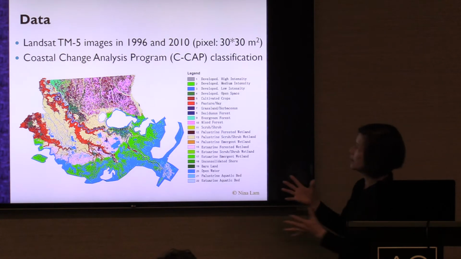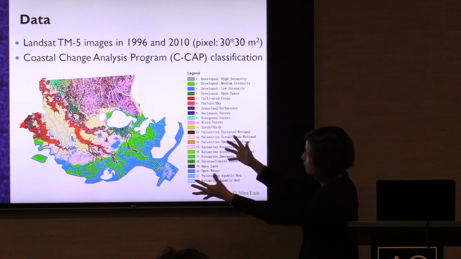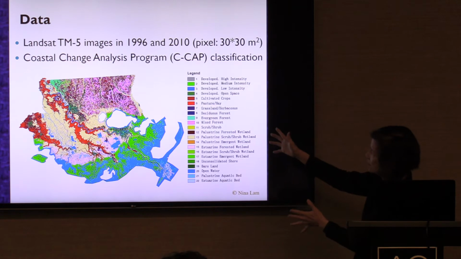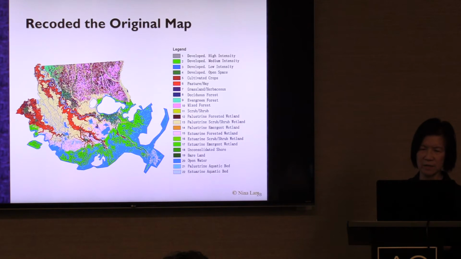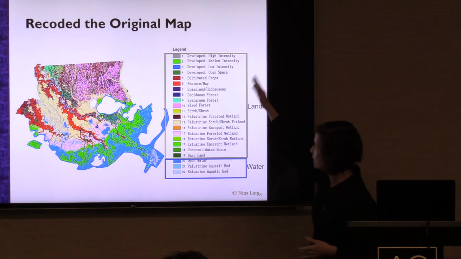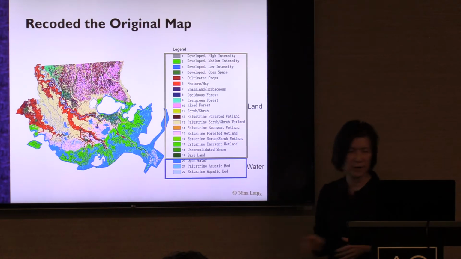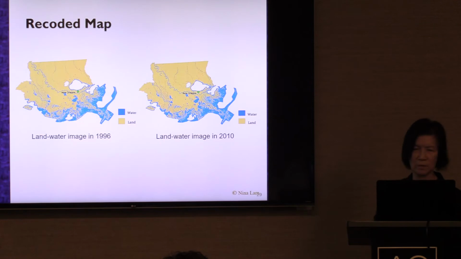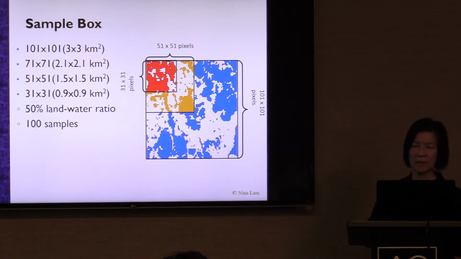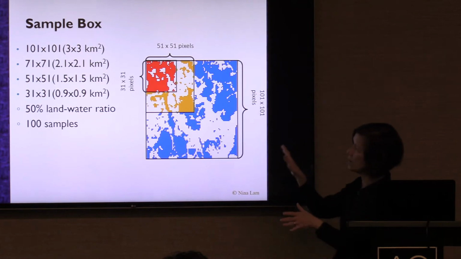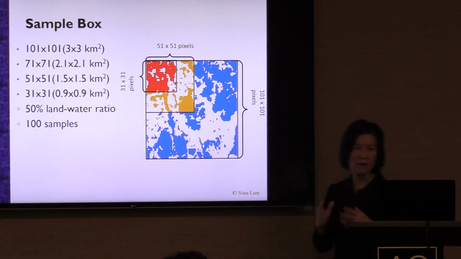So we use the data for the study region, with the Landsat data, and we group it so that one part is land and the other part is water. Then we recode the map, and we start with the 101 by 101 box size.